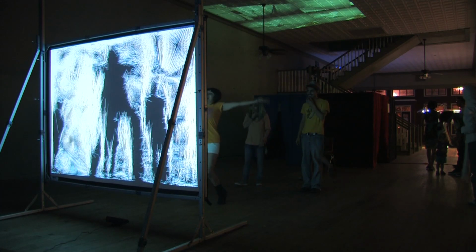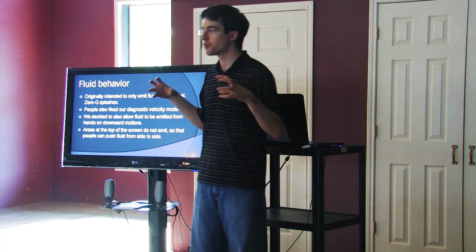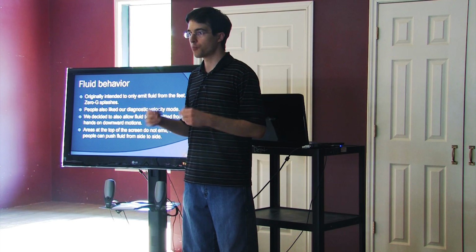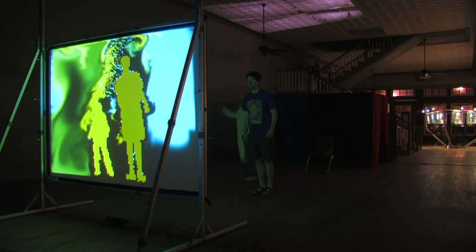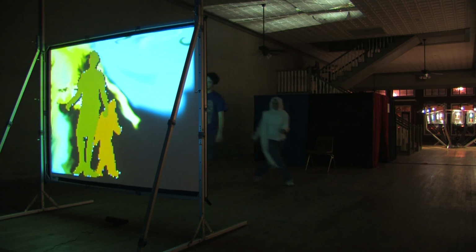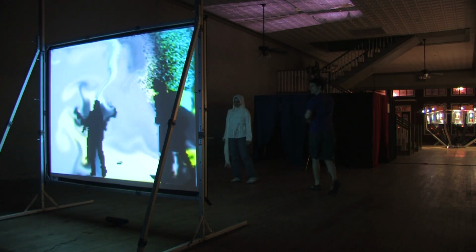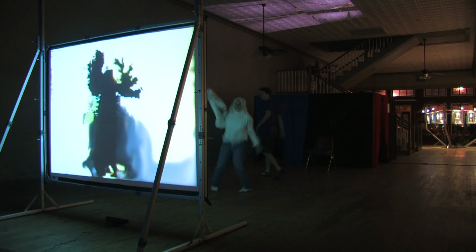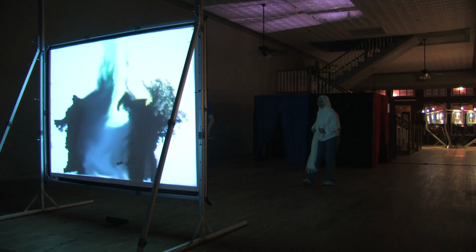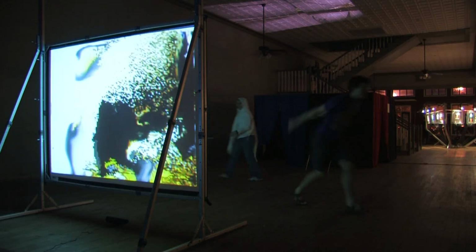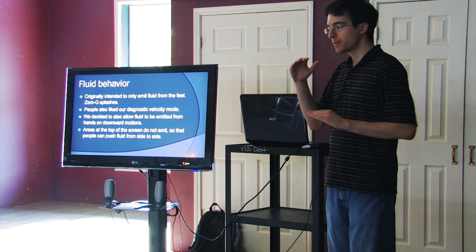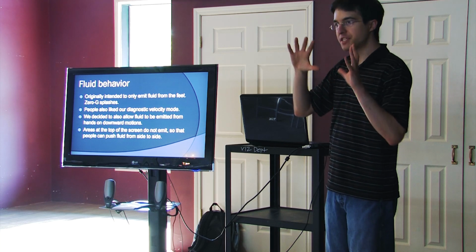Experimenting through several other things, we found some other modes that were pretty interesting to look at. That's why the final piece cycles through different visualizations of the fluid, as well as how people are interacting with it. Right now, there are several different areas in the screen where it has different behaviors.